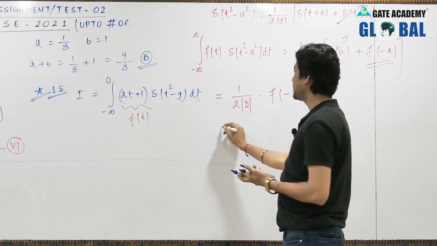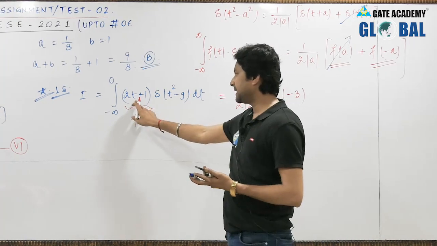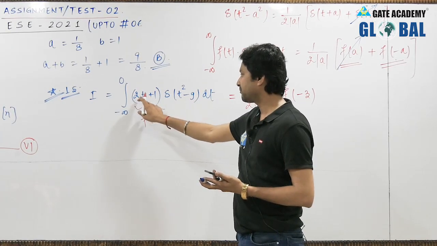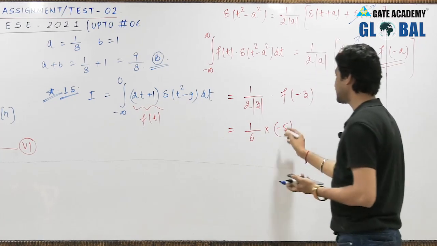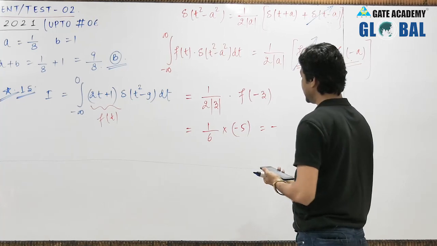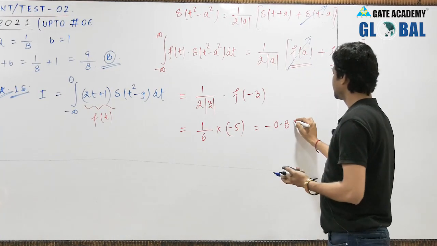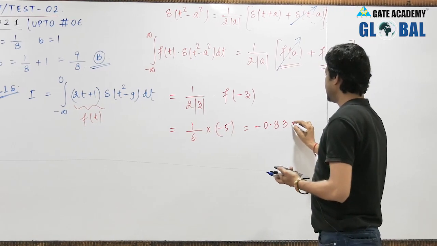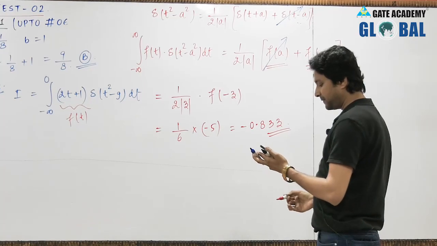Therefore, the value is going to be 1 upon 6 into, if you put minus 3 here, then minus 6 plus 1, that is minus 5. So the correct option for this question is minus 5 by 6, and if you convert it into decimal, you are going to get minus 0.833. So it is the correct option for question number 15.